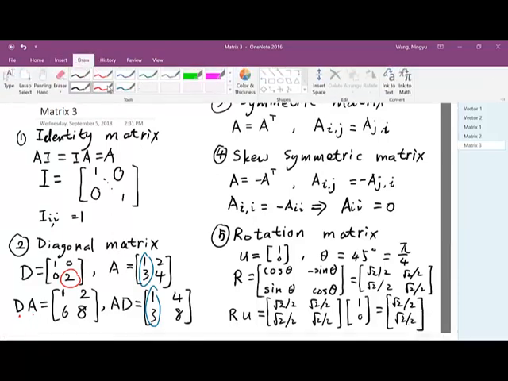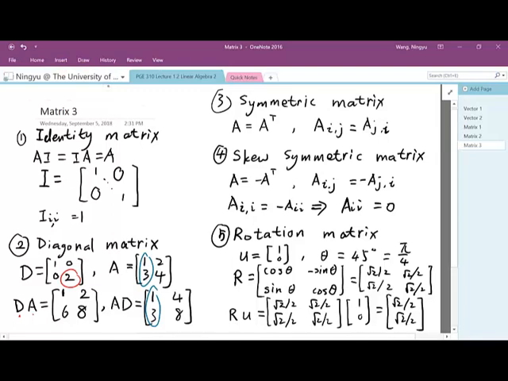Let's draw it down and see whether we have rotated it successfully. So let's say our u is originally here. This is the 1, 0 point. This is our coordinate system. Originally we have our u at 1, 0.